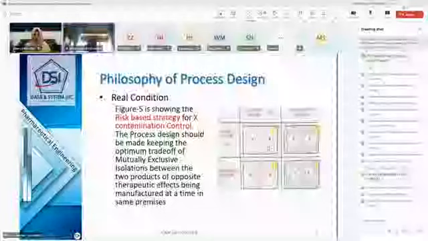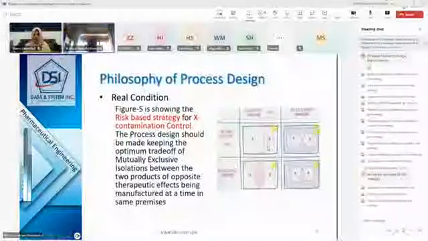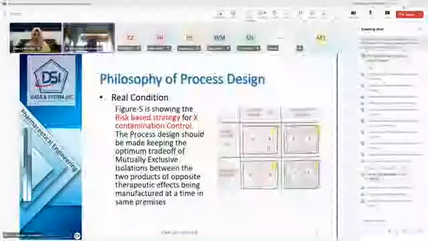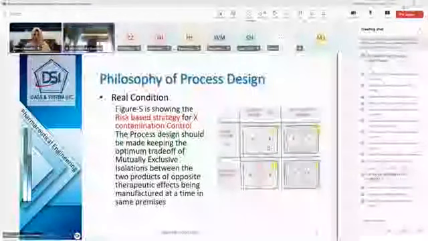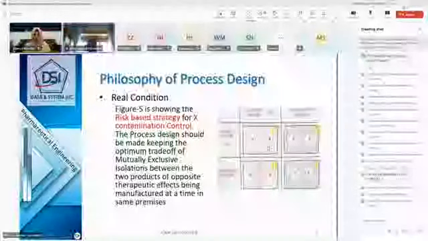So now come to the conventional design versus quality by design. In conventional design of the processes, we are focusing on compliance. We are focusing on fixed regulatory standards, while the risk-based design process, which is a QbD approach, considers possible process risks.